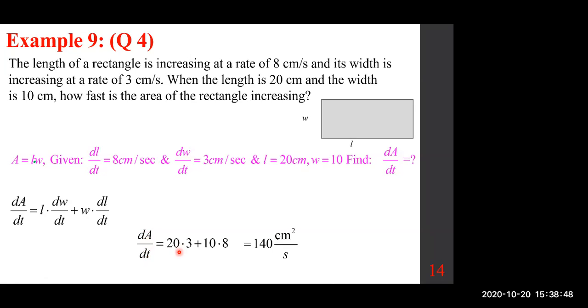Also, if you want to go this route, 20 what? Centimeters. And 3 what? 3 centimeters per second. Same unit here if you work it out. That is important for everybody to understand, and we really don't want to mess it up. I hope everybody is okay with that, class? So let's take it from there.